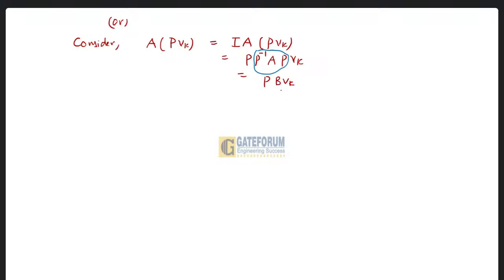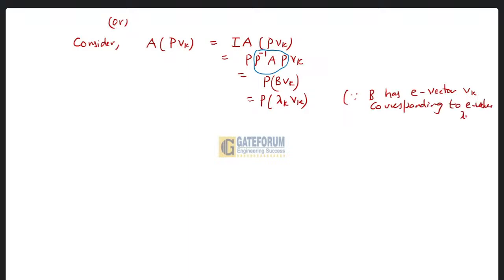Now what is Vk? It is an eigenvector of B corresponding to lambda k. So this is P into lambda k into Vk, since B has eigenvector Vk corresponding to eigenvalue lambda k.